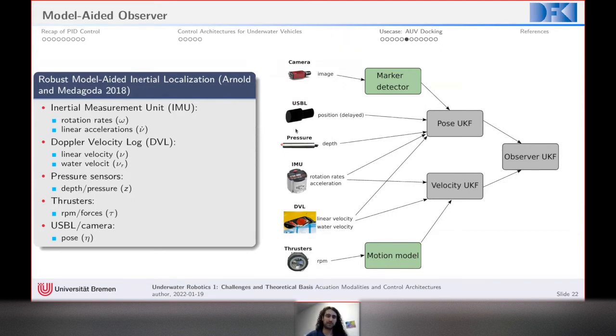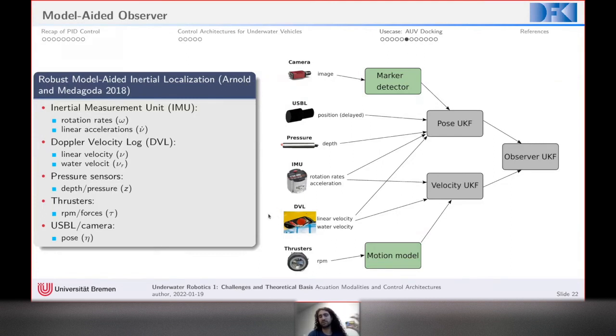Then the basic dead reckoning is a pressure sensor that gives you depth, an IMU, in this case a fiber optic IMU, which gives you angular rates and accelerations, and a Doppler velocity log, which is also a kind of sonar that uses Doppler shift in frequencies to measure the velocity.